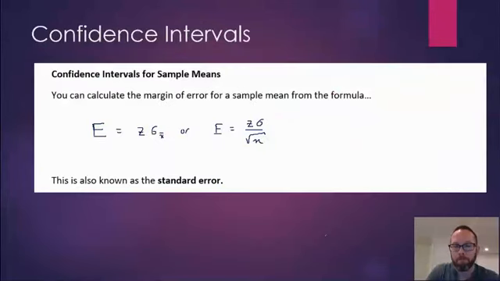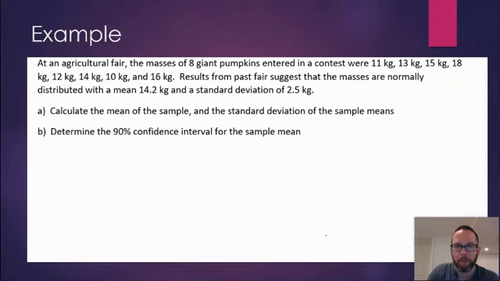Having done that example, we have talked about the standard error, and now we can go on to this example here. Let's say we have an agricultural fair. We have 8 giant pumpkins entered into a contest, and there are the 8 masses. Results from past fairs suggest that the masses are normally distributed with a mean of 14.2 kilograms and a standard deviation of 2.5 kilograms.